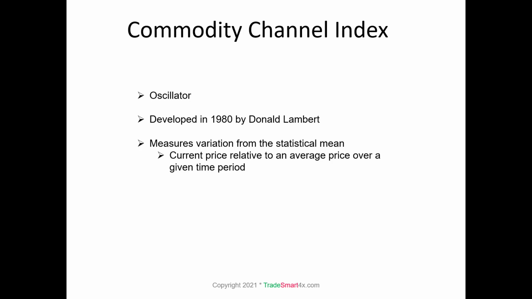So if price gets, we talk about overbought or oversold, or reverting back to the mean. So if price gets too overbought, it may revert back to the mean, or too oversold, it may revert back to the mean. Now again, you have to understand the context. And you can use this indicator to anticipate trend reversals. And I'm going to show you some examples of that as we continue.